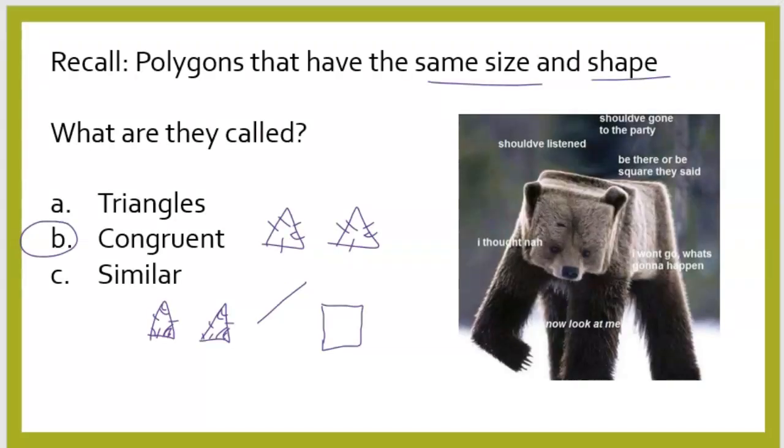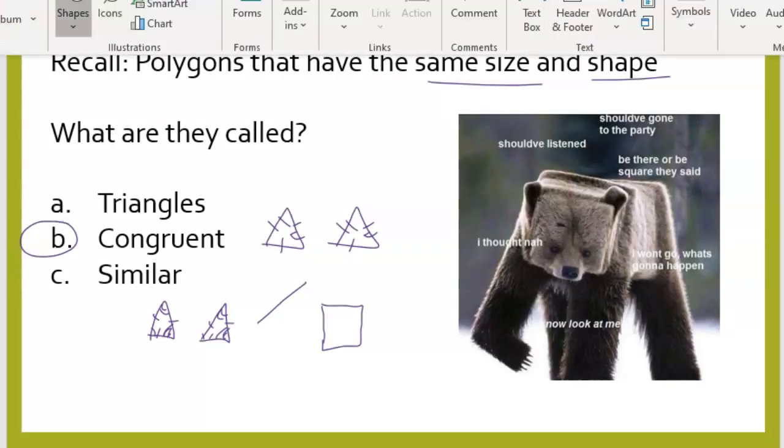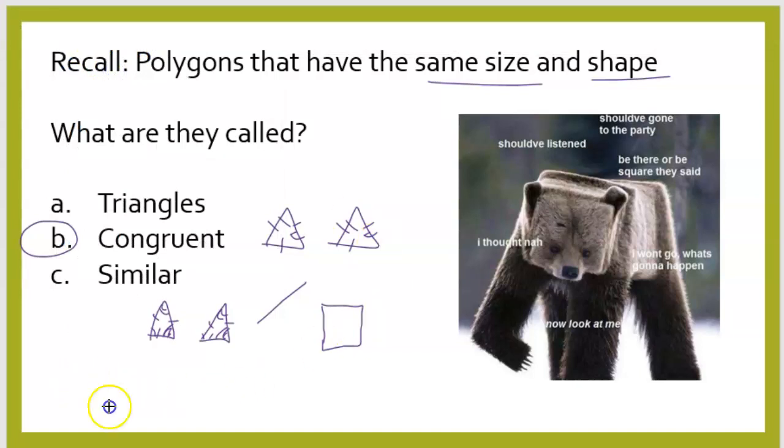But when you have congruent shapes, all the sides are going to be the same and all the angles are going to be the same. And we're going to recall today what similar shapes are. All right, check it out. I just made some congruent rectangles.